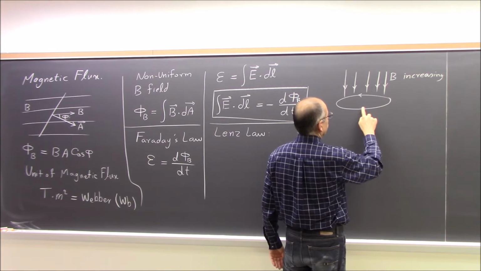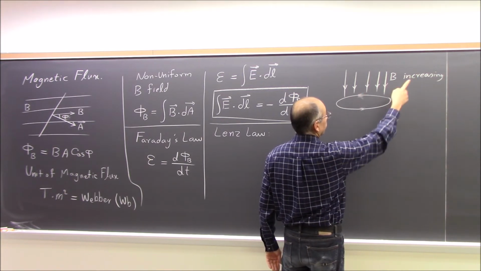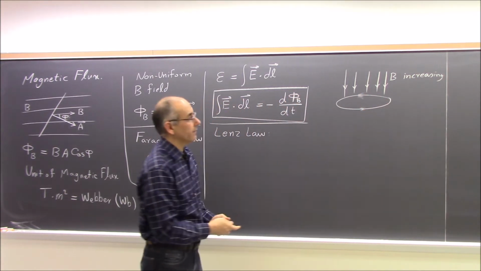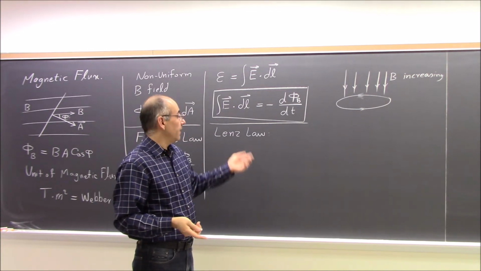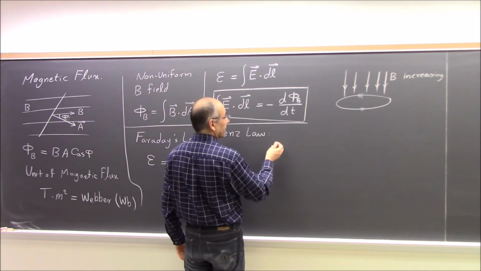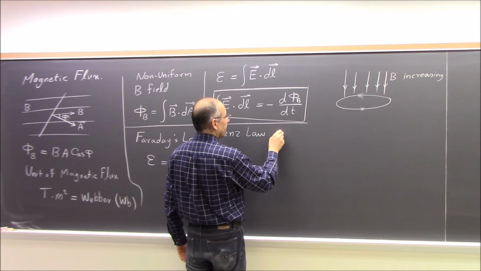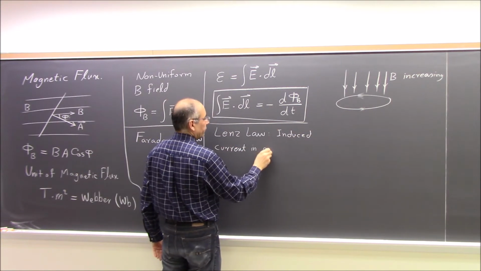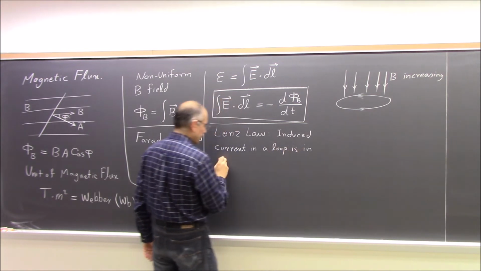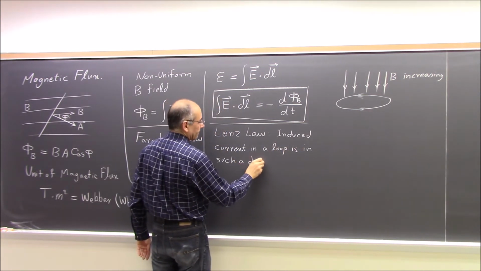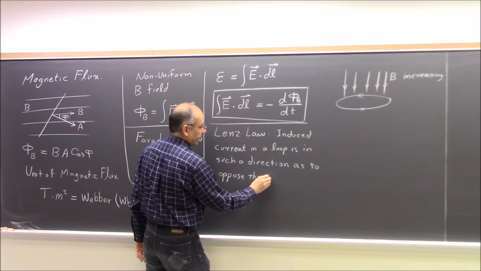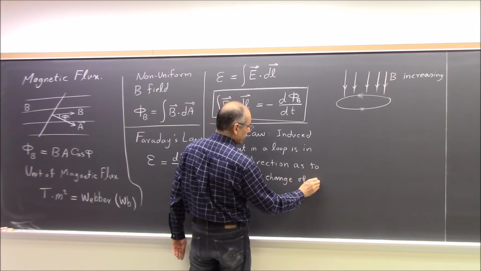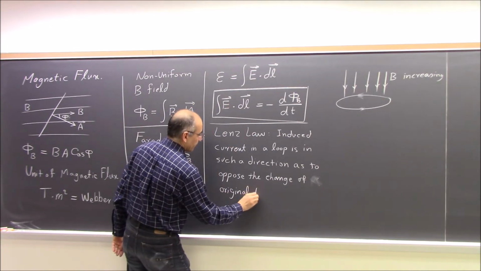Right now there is no current in it, but when the B increases there will be current. Which direction is that current? Lenz's law says that the induced current in a loop is in such a direction as to oppose the change of original flux.